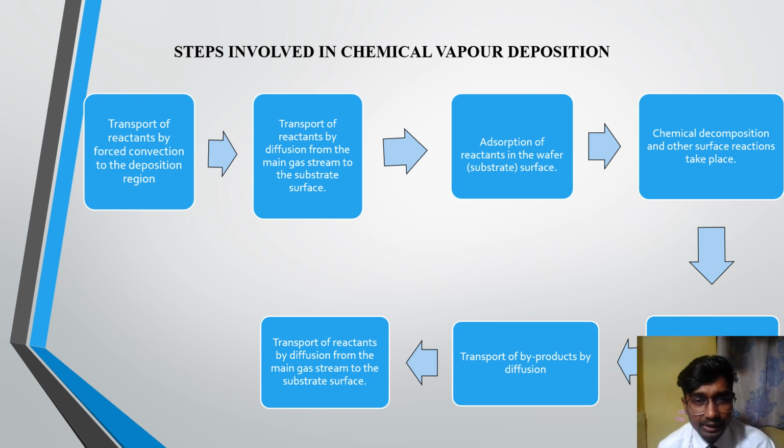Transport of the reactant by diffusion from the main gas stream to the substrate surface, adsorption of the reactant on the surface of the substrate, chemical decomposition and other surface reactions take place. And the other 3 are written below. You can read it out. And there are other steps.